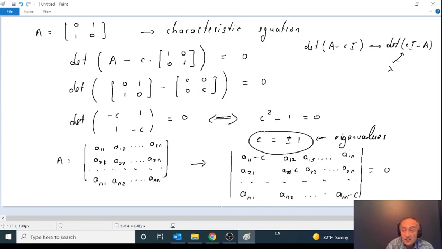So if you care about this particular notation, you will write the equation as the determinant of lambda times I minus A, and in practice that boils down to changing all the signs in the equation and setting it equal to 0, which is the exact same equation.